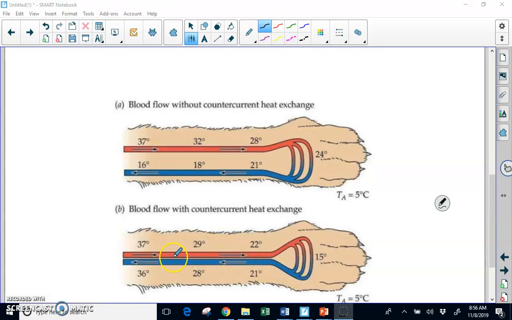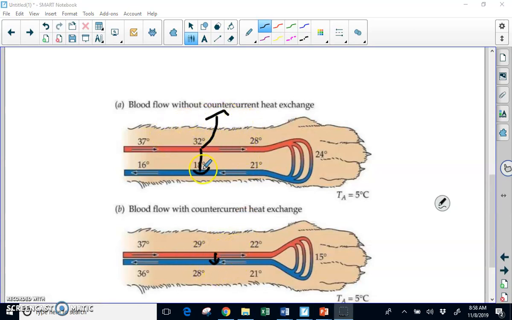And they're very close together. And what this does is any heat lost by the hot blood, instead of being lost to the environment, is lost to the vein. Veins visit the heart. Arteries go away from the heart. So this is an artery. That's a vein. So instead of being lost to the environment, the heat is lost to the colder blood, and that keeps the heat within the organism.